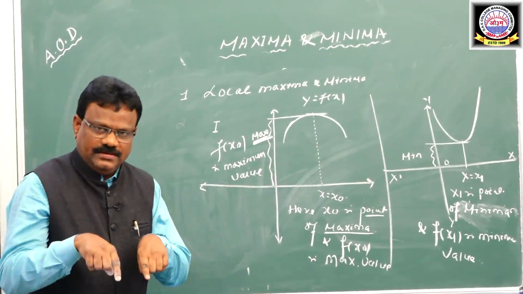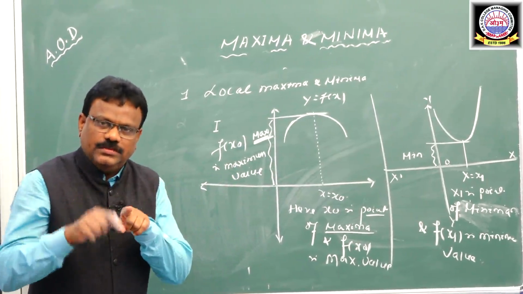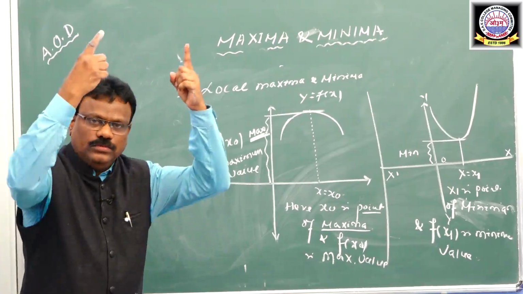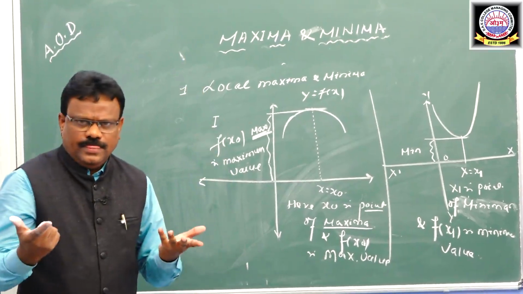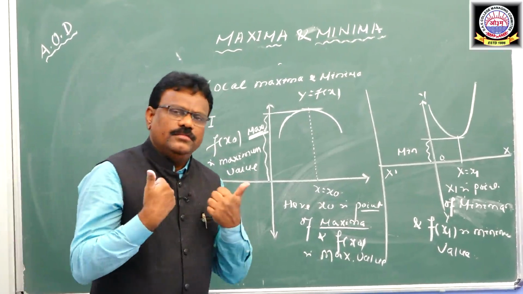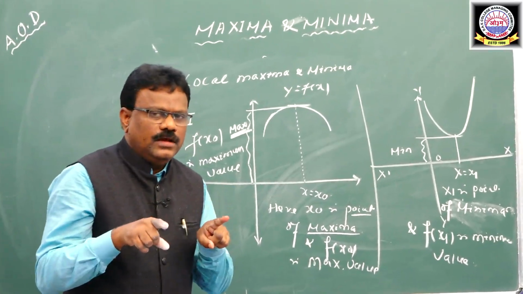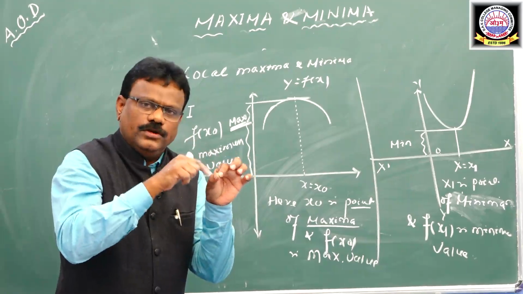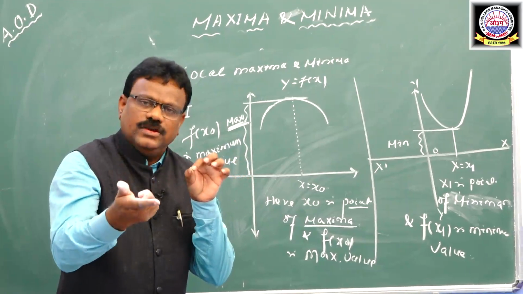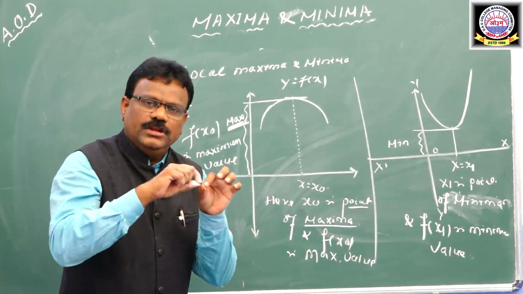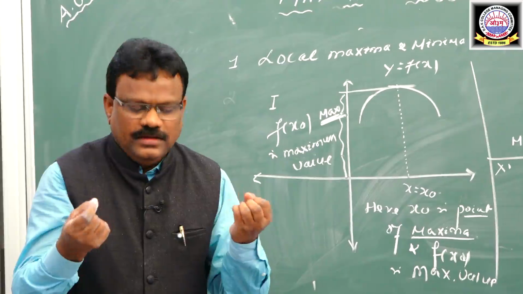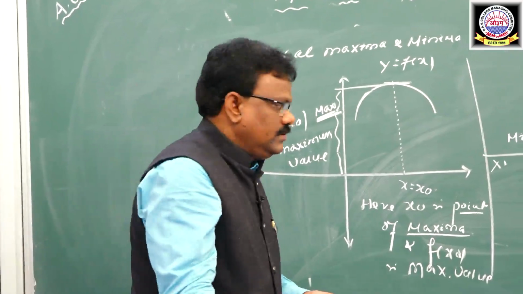Once again, at what value of x the function attains the maximum value, that is called the point of maxima. And where it attains the minimum value, that is the point of minima. If you put this value in the function, then for a point of maxima you get the maximum value, and for a point of minima you get the minimum value. This is common sense you can apply; sometimes students do not apply it.